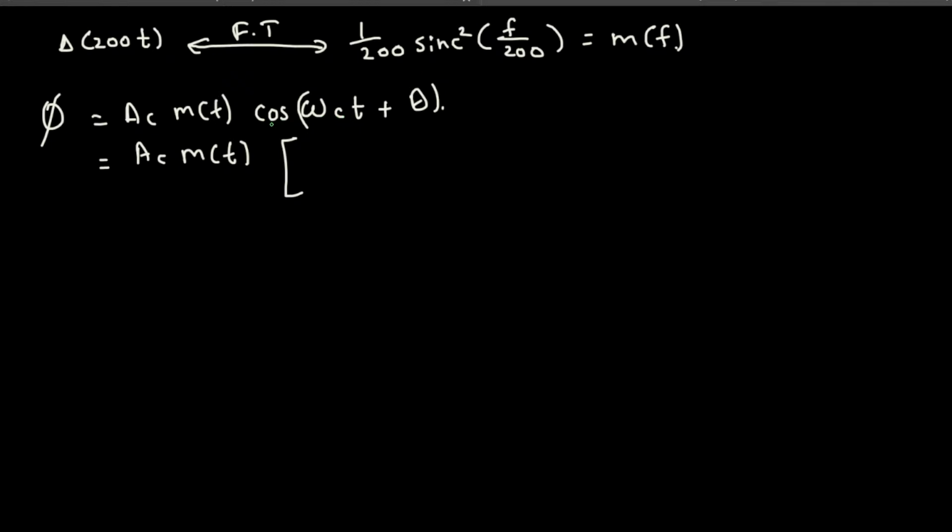We can write the cosine using Euler's identity: e power j(omega ct plus theta) plus e power minus j(omega ct plus theta), over 2. This is for cos.